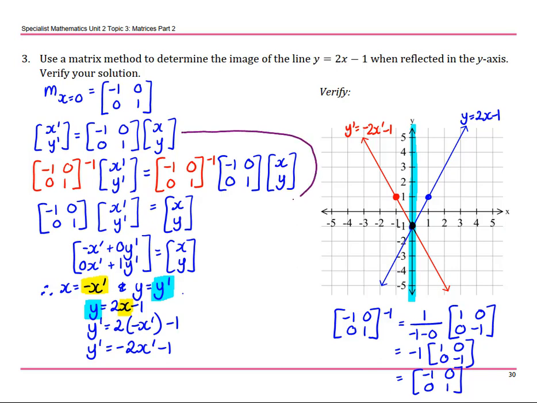Now there is another option for solving this one and finding what we need, and it's from this step here, and it saves us having to find the inverse. So if from this step you write out your equation, so I'm going to write that step out again.